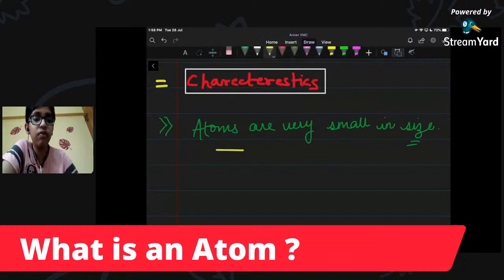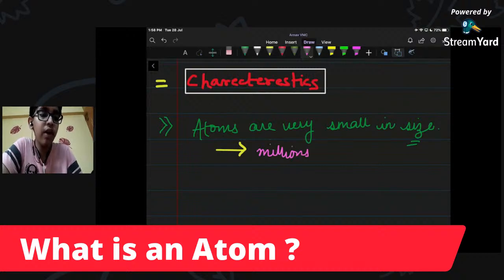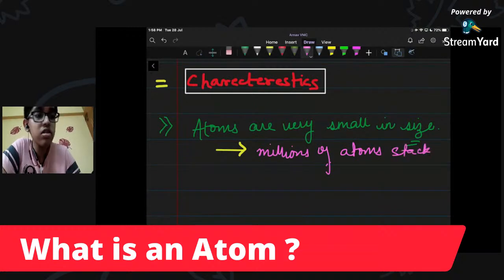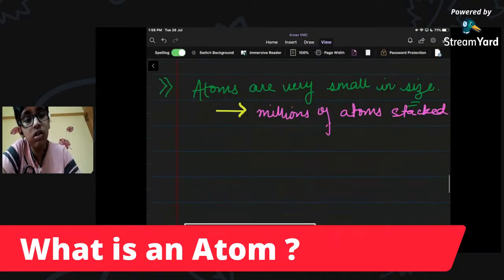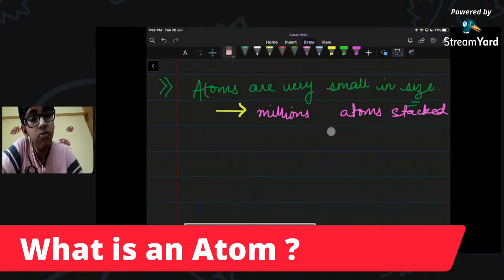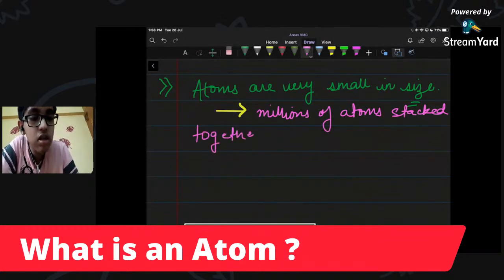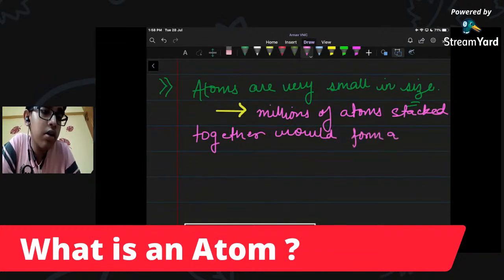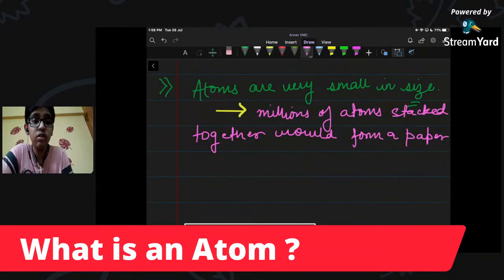I have one more thing about this: millions of atoms stacked together would form a paper thin layer.